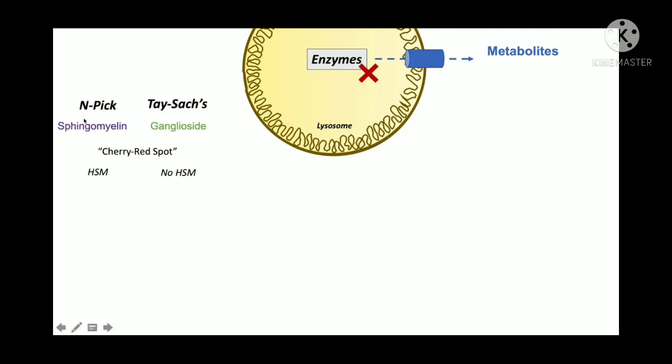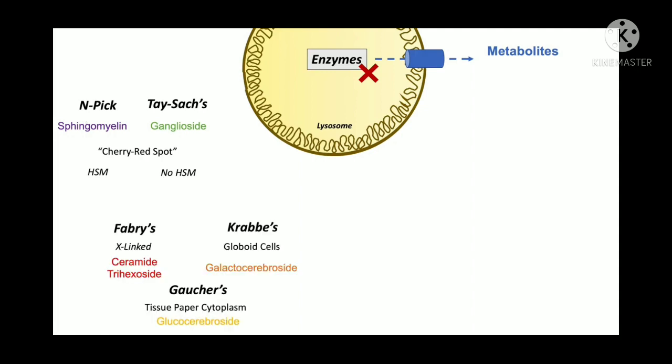Niemann-Pick disease leads to an accumulation of sphingomyelin, has a cherry red spot, and has hepatosplenomegaly, whereas Tay-Sachs is opposite because it has an accumulation of ganglioside. So remember, a gang of 6 small Jews. You're also gonna see a cherry red spot in Tay-Sachs, but it has no hepatosplenomegaly.